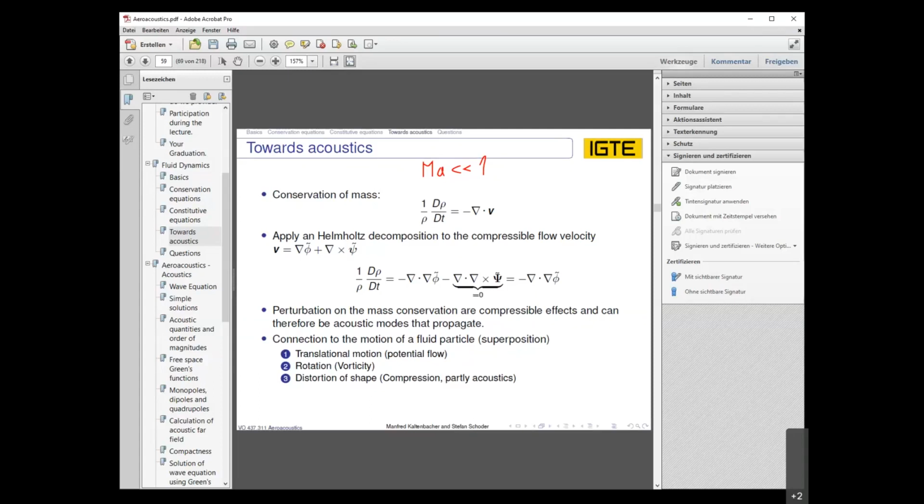Just to get an overall impression, fluid dynamics is the global field of mechanics, and acousticians don't like to hear it, but acoustics is more or less a branch of fluid dynamics.